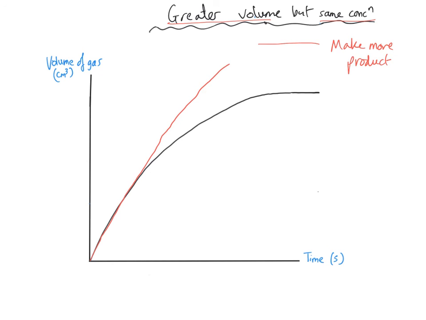Now obviously because we're going higher, it can't be an exactly identical gradient all the way through. To continue it along for as long as possible. And like I did on a previous graph, I've just tidied up the end point just to make sure there's no feathering to the line. So we've made more product because we've used a greater volume of solution.